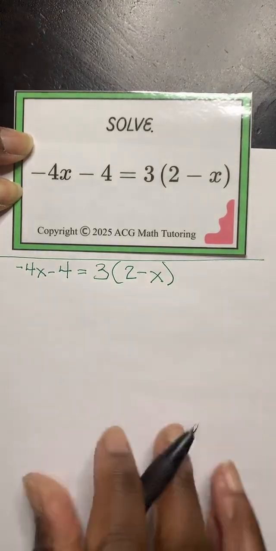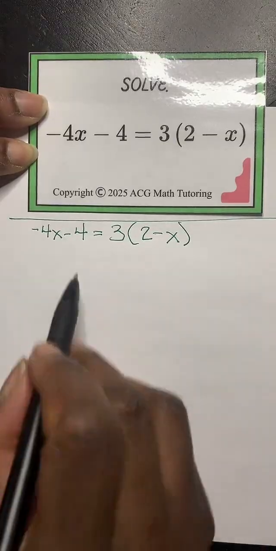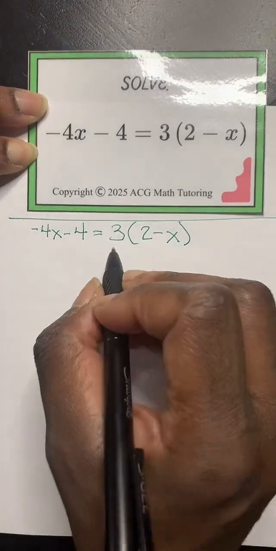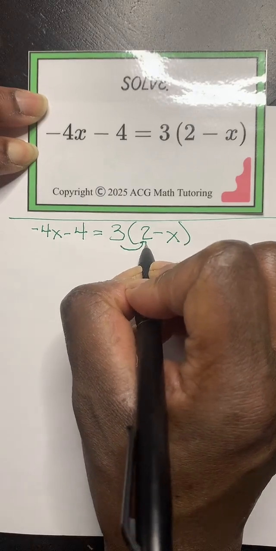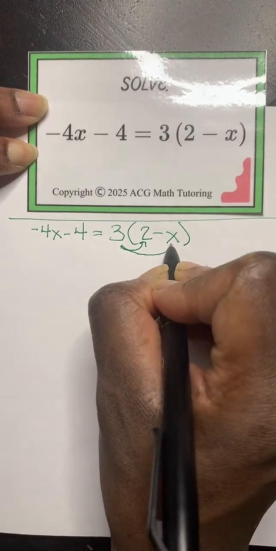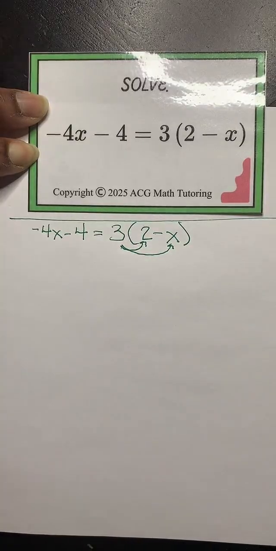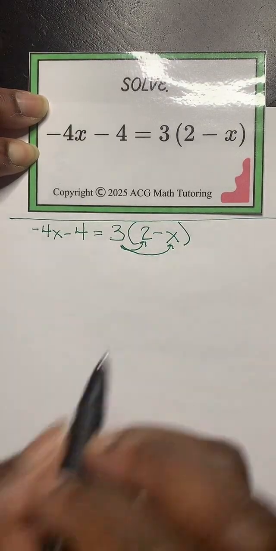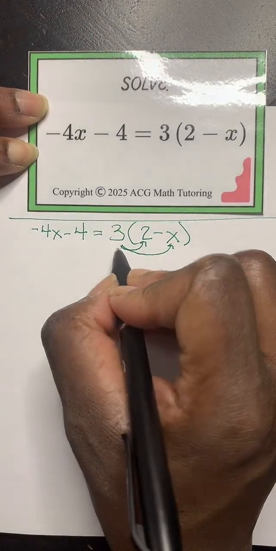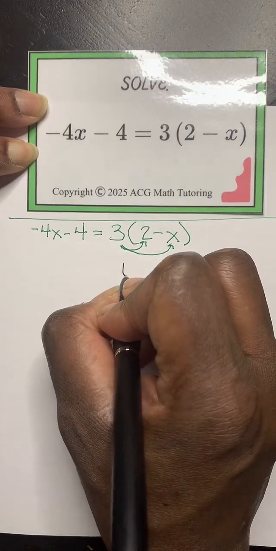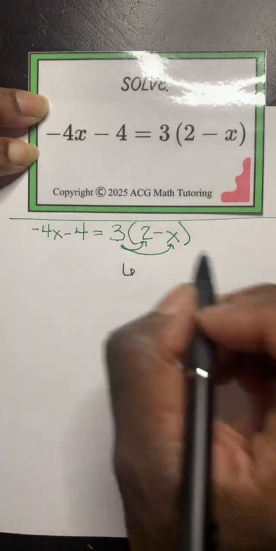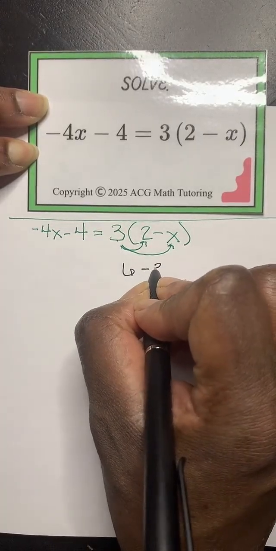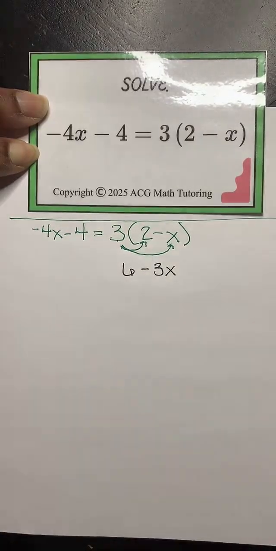First thing, we want to get rid of this multiplication, so we want to distribute this 3 to everything inside the parenthesis. When we distribute, you're multiplying. So it's 3 times 2, which gives us 6, and 3 times a negative x gives me a -3x.